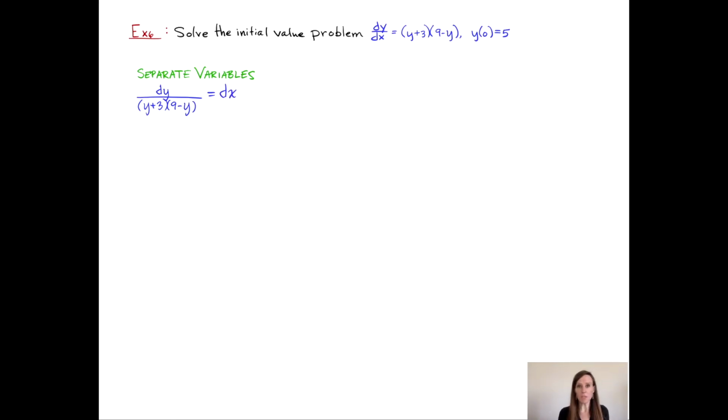So now, from here, we can't integrate this as it is, so we need to use partial fractions to break up that denominator.